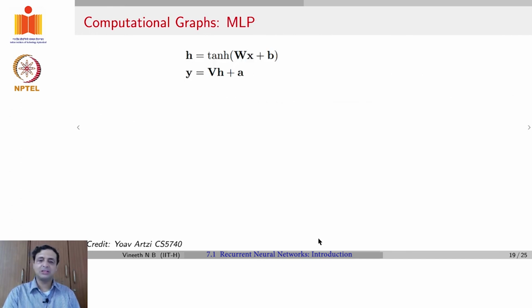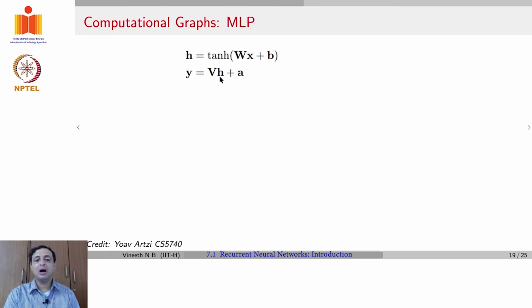What about computational graphs for neural networks, feed-forward neural networks? So if you had a couple of layers in a neural network, given an input x, let's say your hidden layer h is tanh(Wx + b). Wx + b is your linear combination of your inputs x, and let's assume you have a nonlinear activation function tanh on each of those nodes, and that gives you a vector h.